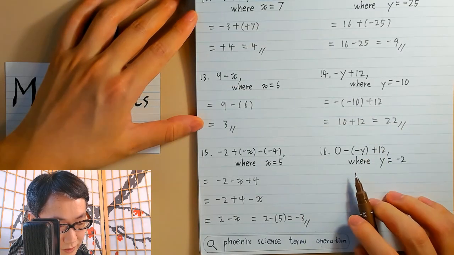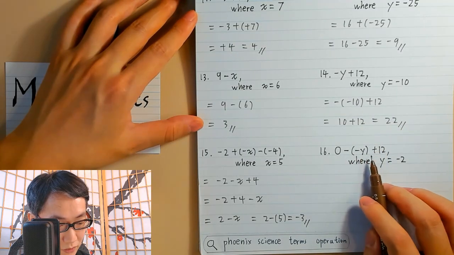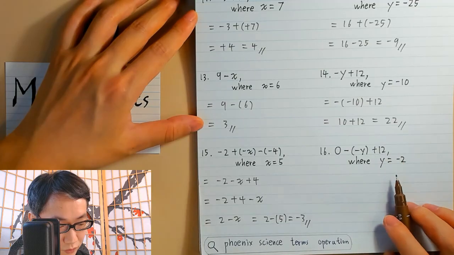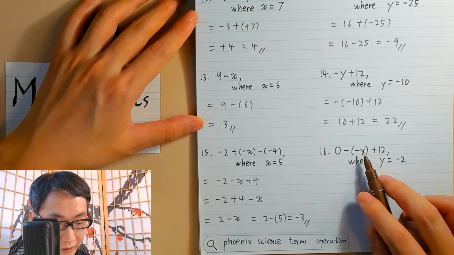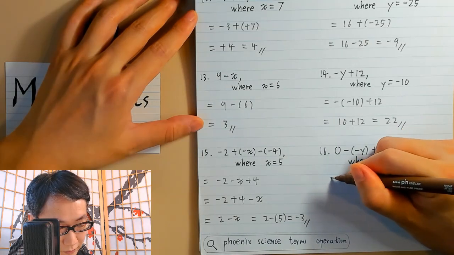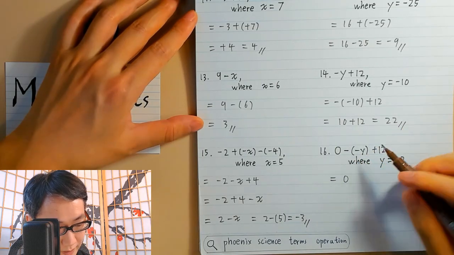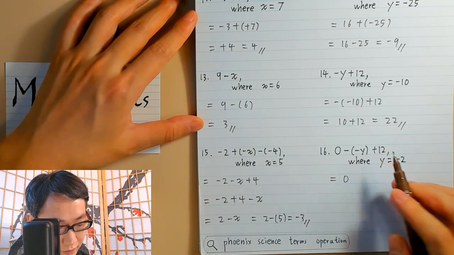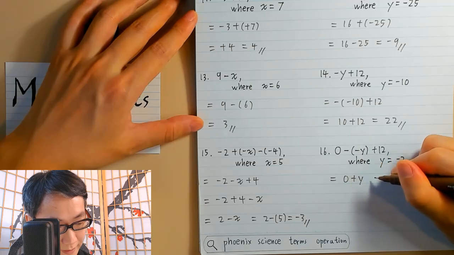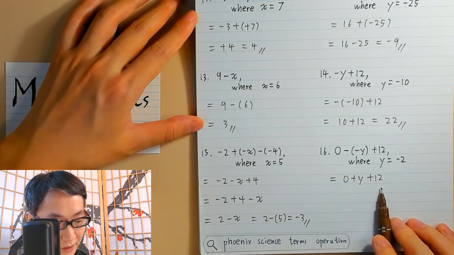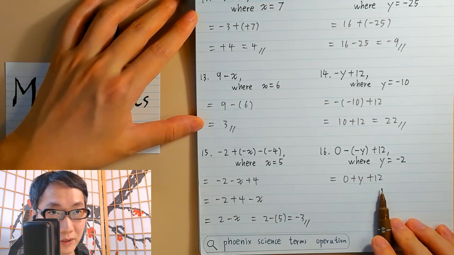And then next I have 0 minus y, positive 12, where y is negative 2. So this one need to be simplified first. So I have minus to the reverse of, so plus y, then positive 12. So this is simple enough to do a substitution.